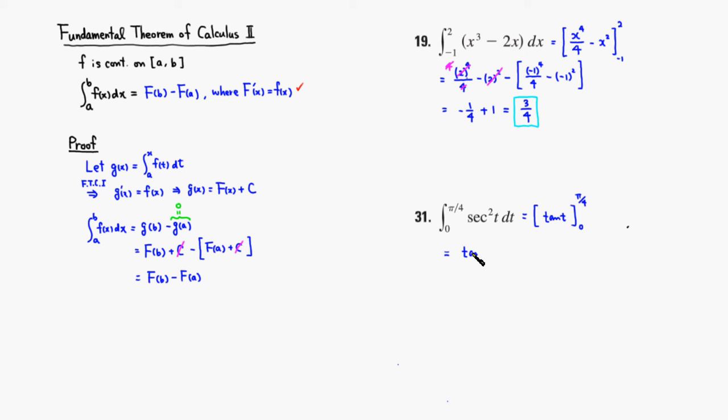So you have tangent of pi over 4 minus tangent of 0. The tangent of pi over 4 is 1, and the tangent of 0 is actually 0. So this is just 1 minus 0, which is 1. That's it. I hope that this was clear.